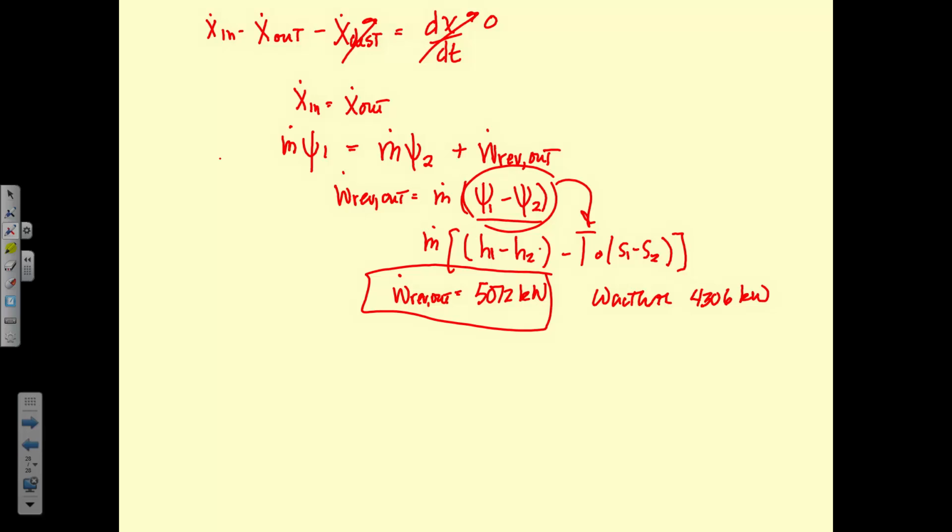If you ever find a number that's lower for a work-producing device, you better go back and check because you've done something wrong. So then our second law efficiency is just equal to our exergy recovered over exergy expended, or our work out divided by our reversible work out. So we have 4306 kilowatts divided by 5072 kilowatts, which gives us 84.9%.